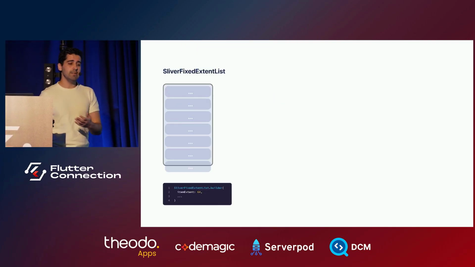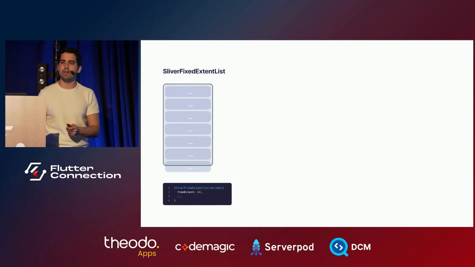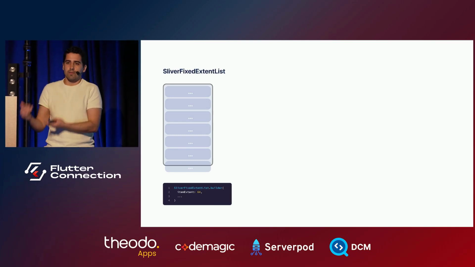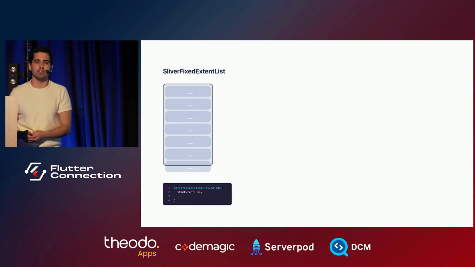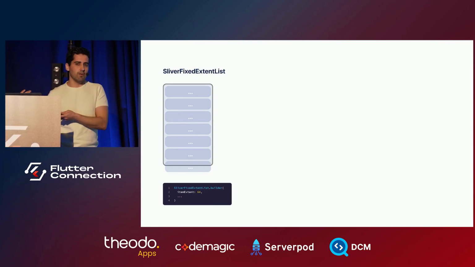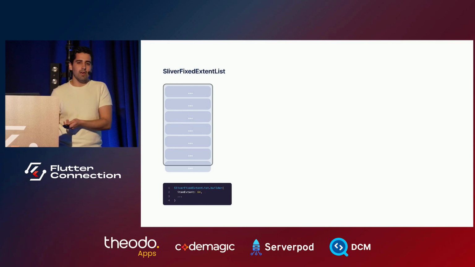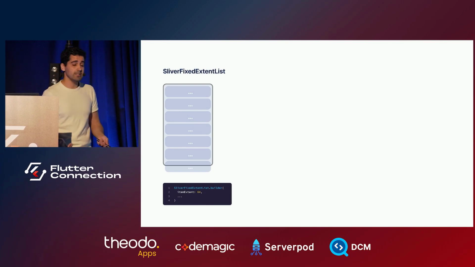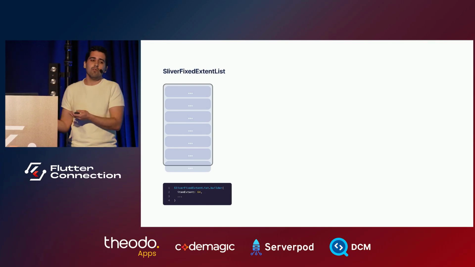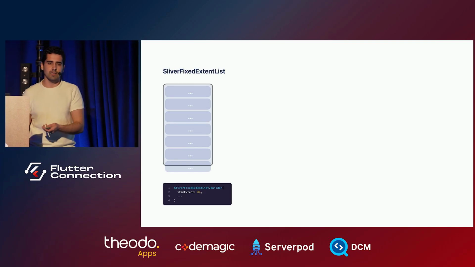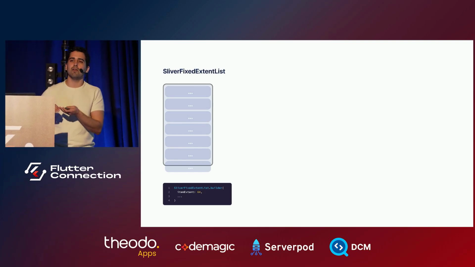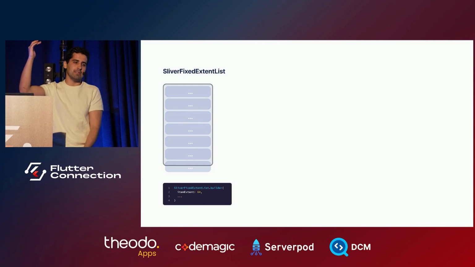We have the SliverFixedExtentList. What it does is, if we already know the size of each item, like for example all of them are 64 height, we can tell it to the widget itself, and then calculating everything will be way more optimized. Let's say the sliver needs to calculate how big the sliver is, like for 10,000 or 100,000 items.